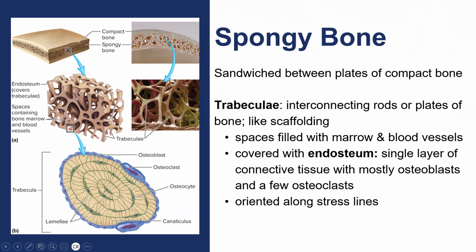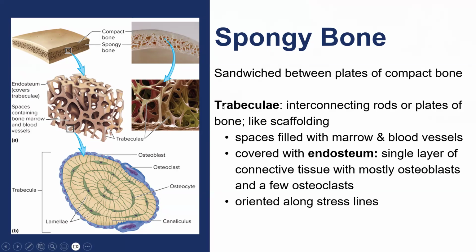So you'll see our spongy bone here looks a lot different. You can easily see the space compared to the compact bone. So we almost have like compact bone borders or two plates of compact bone. And then we have a spongy bone sandwich here.